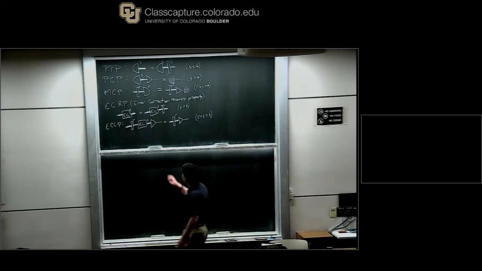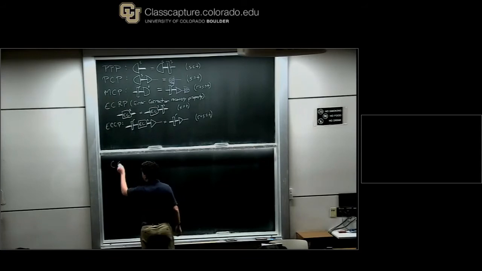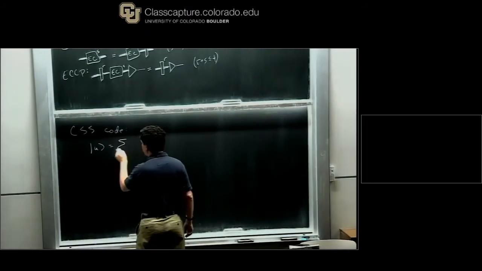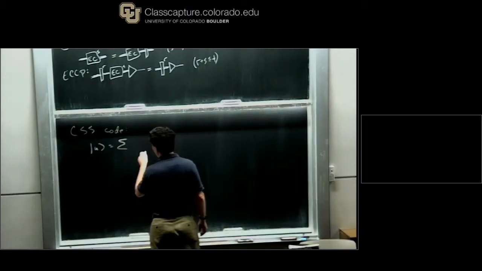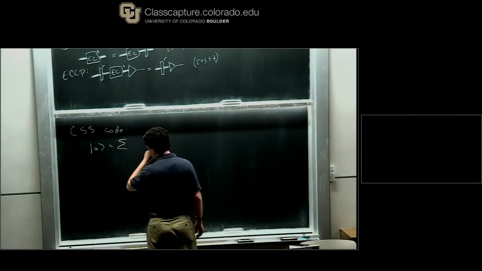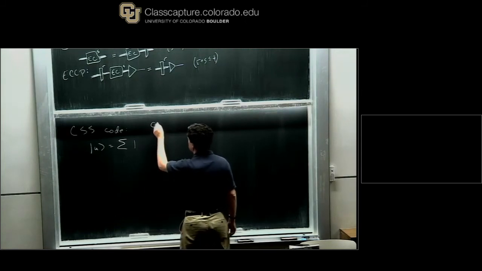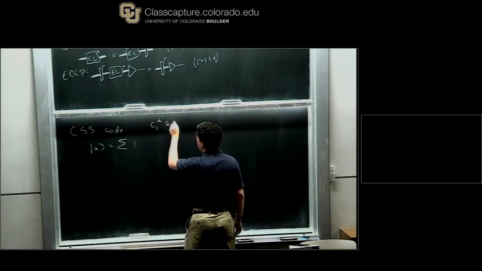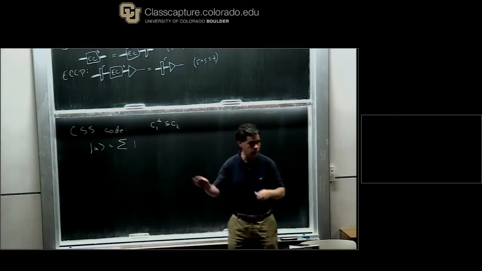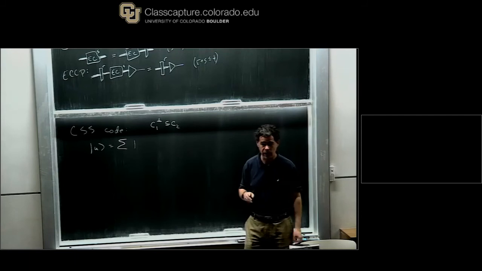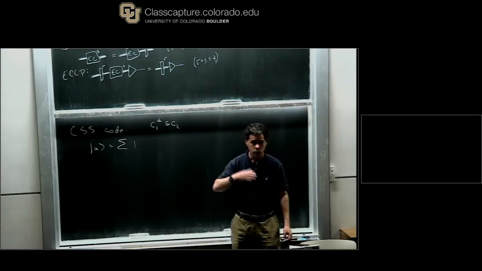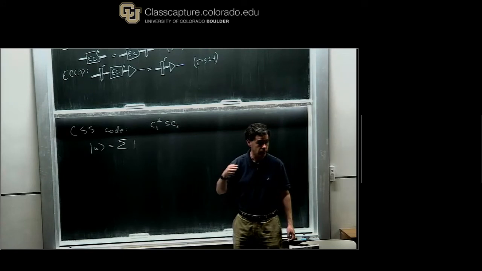So the CSS code has the form where the logical states are superpositions over some code words of C2. And moreover, we had C1 perp is a subset of C2. So there were two codes. Remember, we had this condition. And so it turns out, if you work it out, that the X's will take you between different code words of C1 perp.